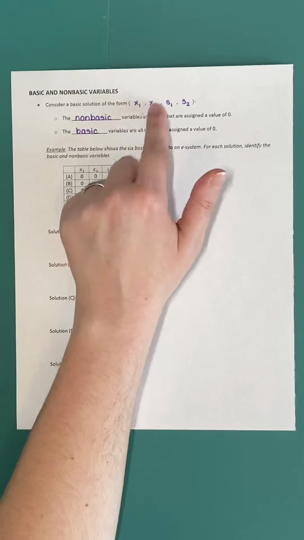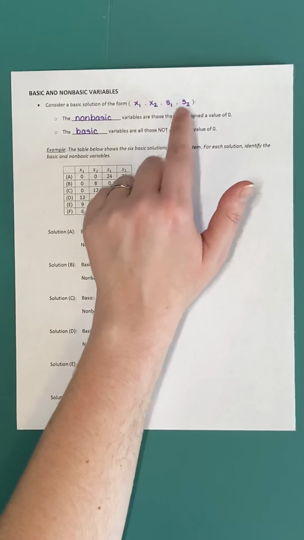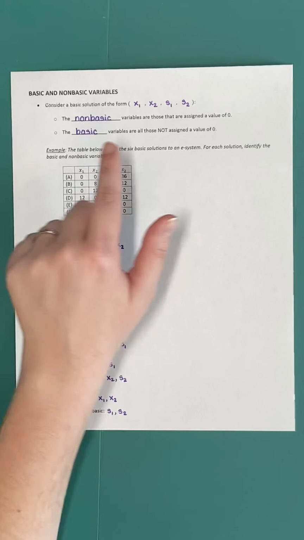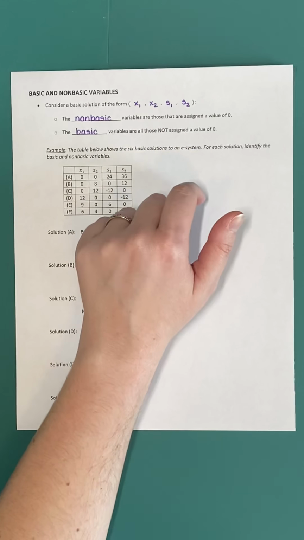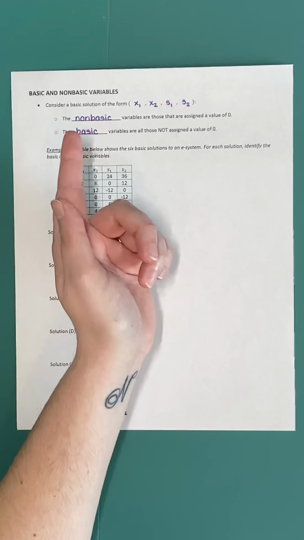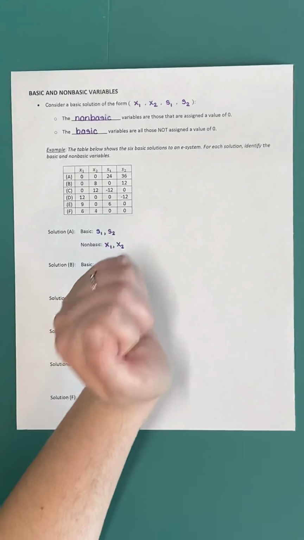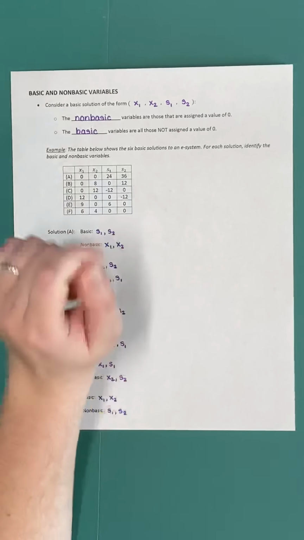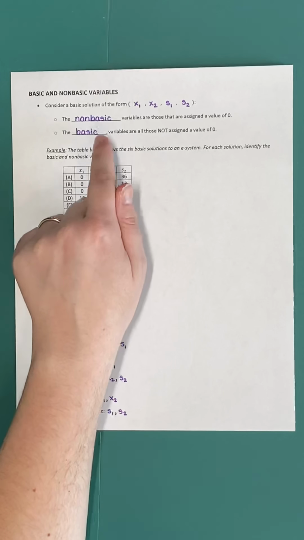Here are our decision variables. Here are our slack variables for our two problem constraints. The non-basic variables are those that are assigned a value of 0. If they're assigned a value of 0, they're not contributing anything to our solution. They're not contributing anything to the maximization of our objective function, so we're not basing our solution on them.